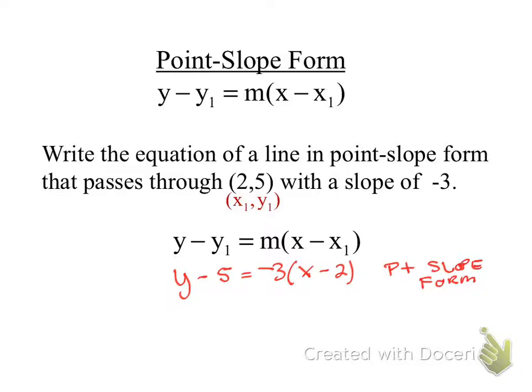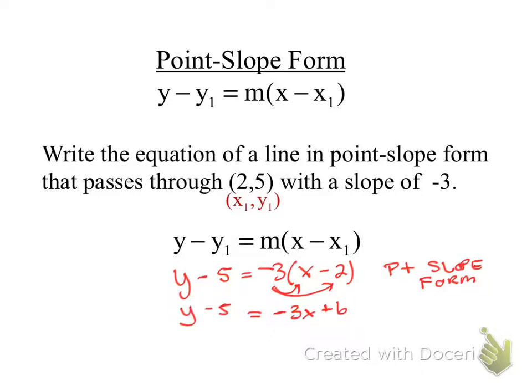Now, if I want to go to slope-intercept, I've got to get y alone. Before I can get y alone, what do I have to do? Add 5? Not before I can do that. The distributive property. I have to distribute. So I get negative 3x, and plus 6 equals negative 5.